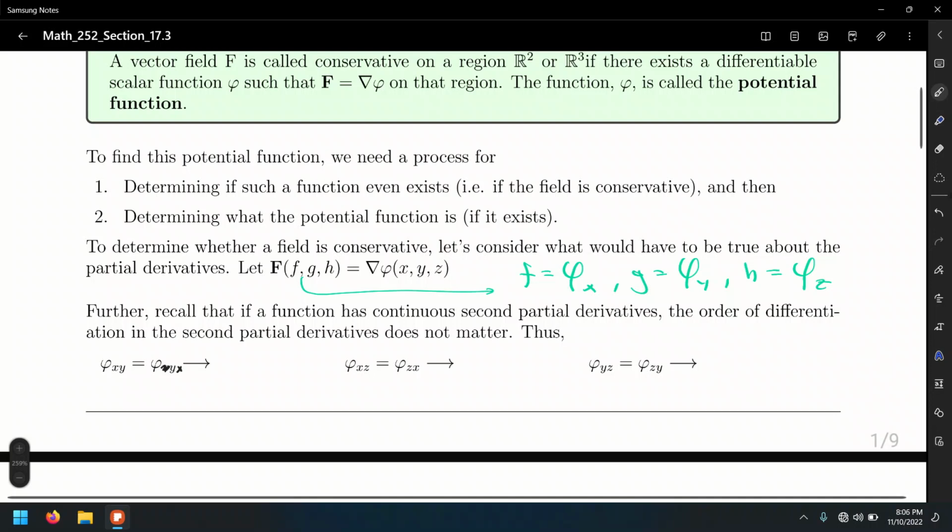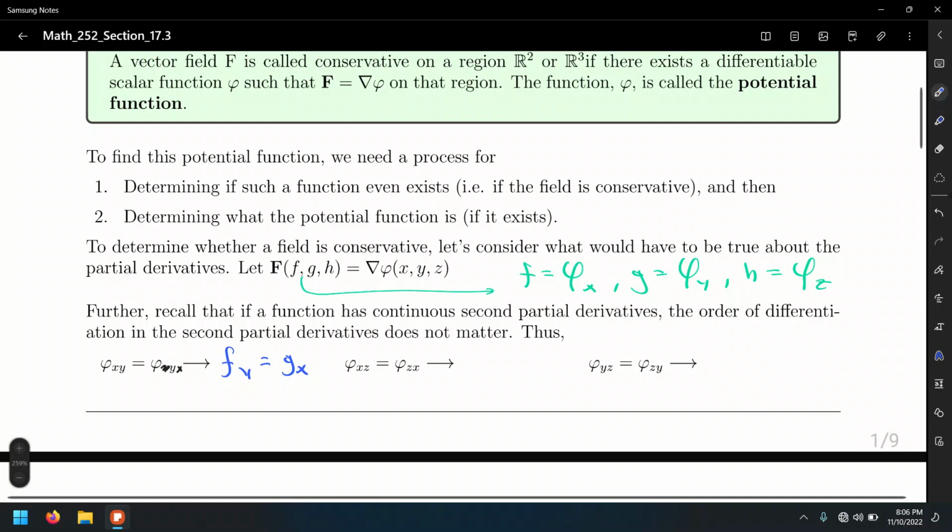This implies the following: the partial of f with respect to y equals the partial of g with respect to x. How did I get that?